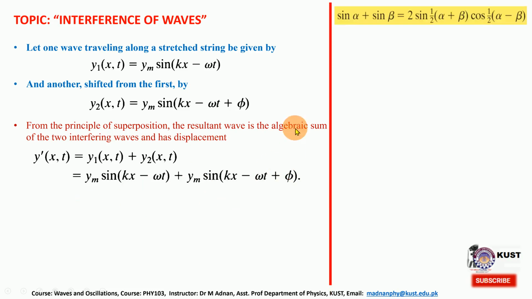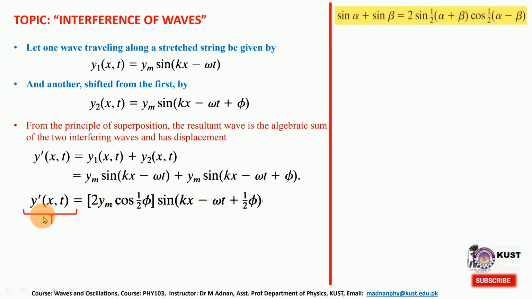Now, using this formula for sine alpha plus sine beta, which is given in your textbook in Appendix E, one can simplify the expression for the resultant wave as this one. Now, this represents the amplitude of the resultant wave.